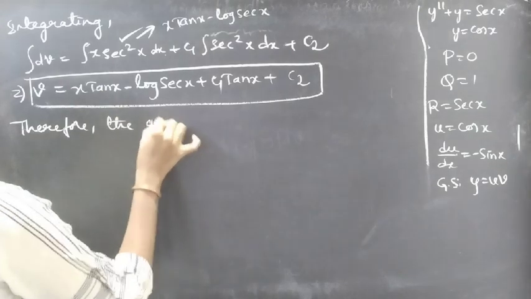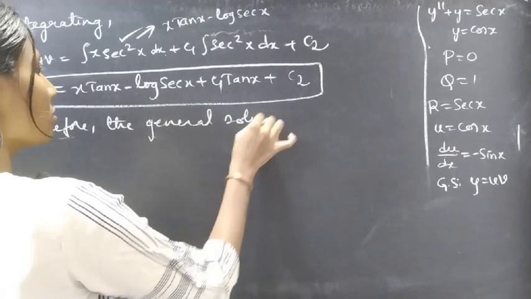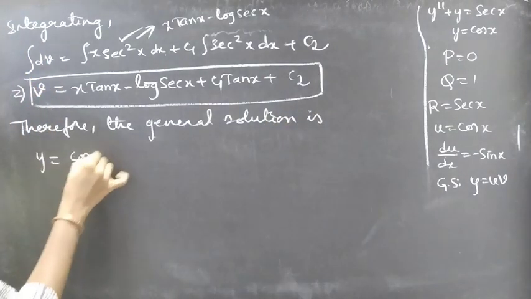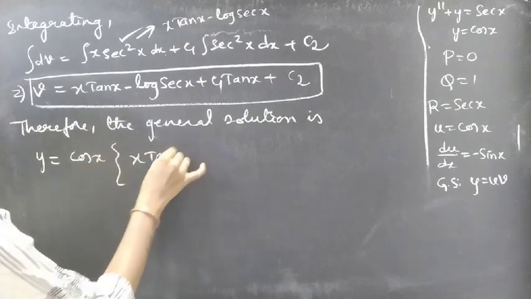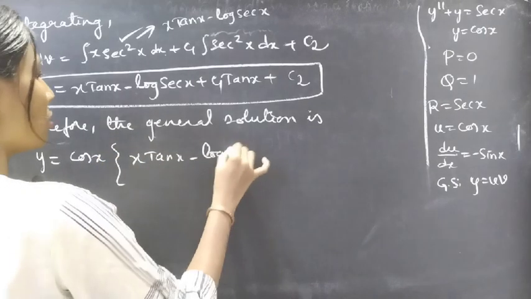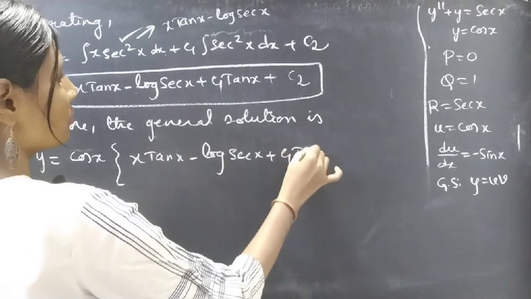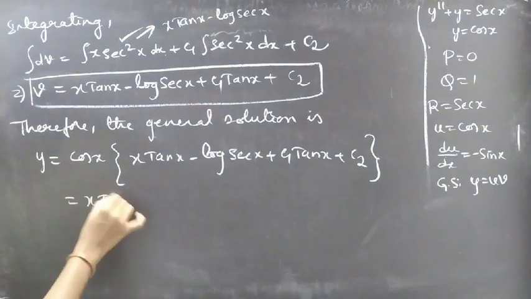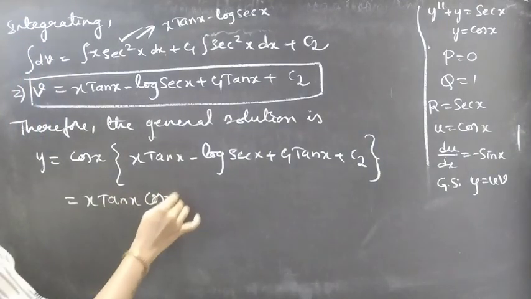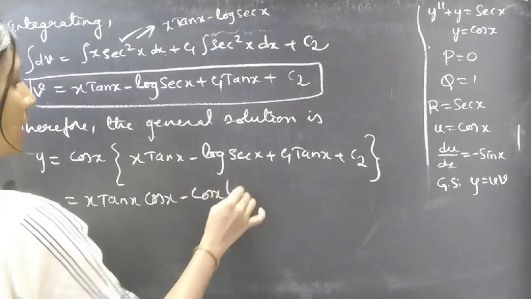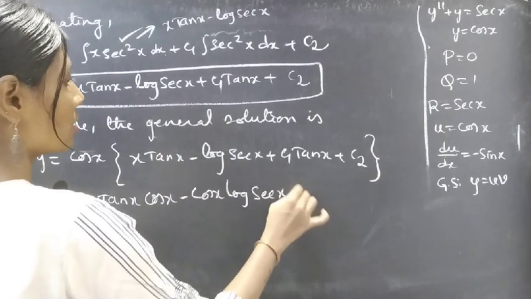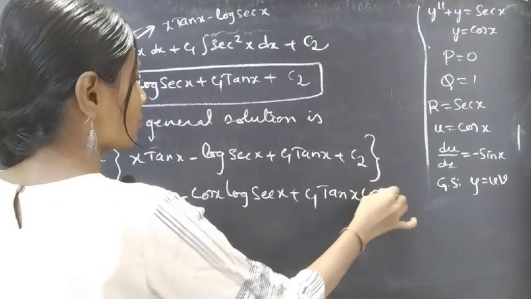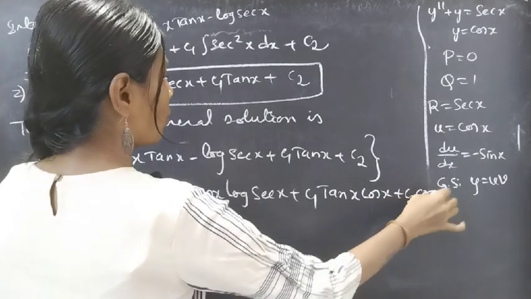Therefore, the general solution is given by y equal to u into v, x tan x minus log secant x plus c1 tan x plus c2, which equals x tan x into cos x minus cos x into log secant x plus c1 tan x into cos x plus c2 cos x.